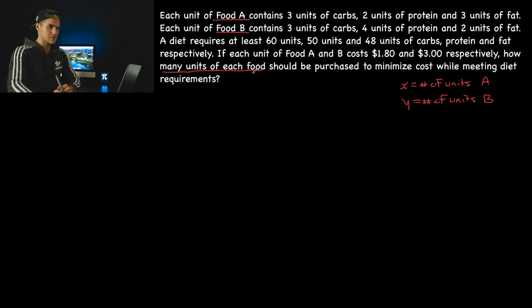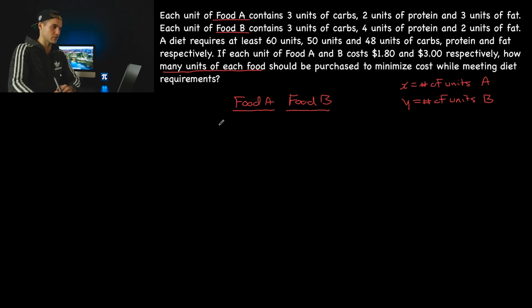And then they give us information about each of these foods here. So we're told that each unit of food A contains 3 units of carbs, 2 units of protein, 3 units of fat. So I'm going to create a chart here because I feel like it's a lot nicer to get this information into a chart.